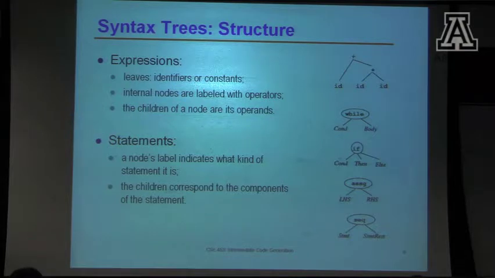And internal nodes are operators, and they capture operations. The children of a node are its operands, and there's your ID plus ID times ID expression. And you can generalize this to other operators as well.